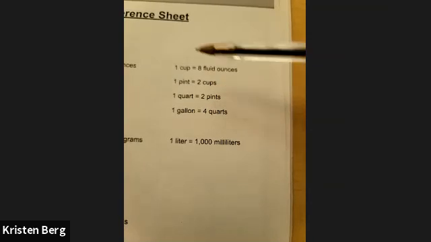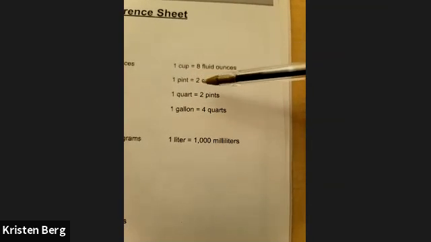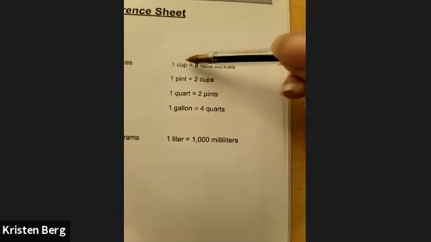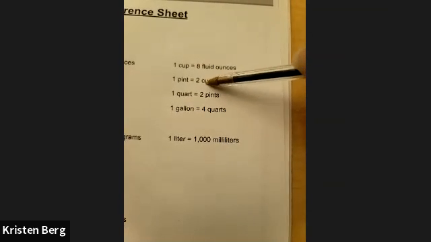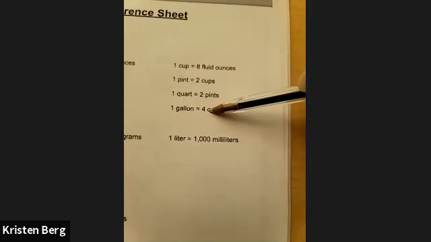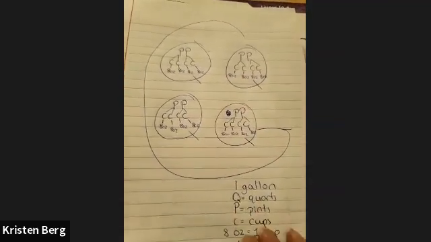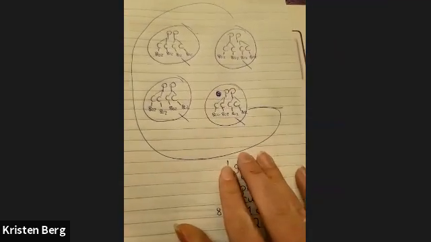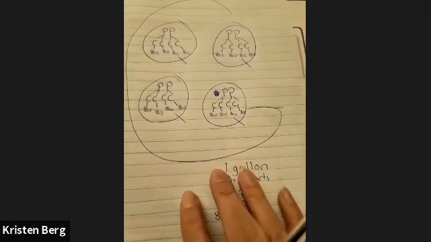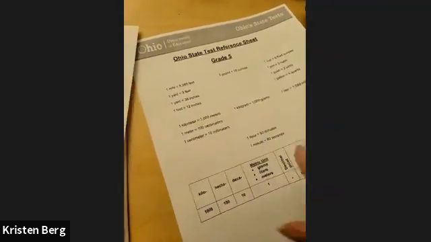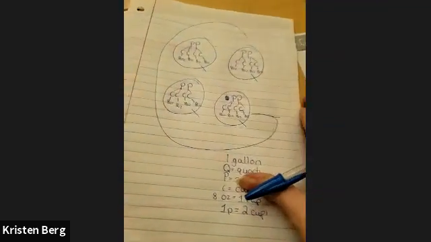If you want to go from pints to quarts, or cups to gallons, you're actually going to have to do 4 different conversions to get to that answer, versus just looking at this and doing it all at once. This is something that I always have my students really memorize for the state test. This really will help you in the long run versus using their way of doing it in this book, which I'm not a fan of.